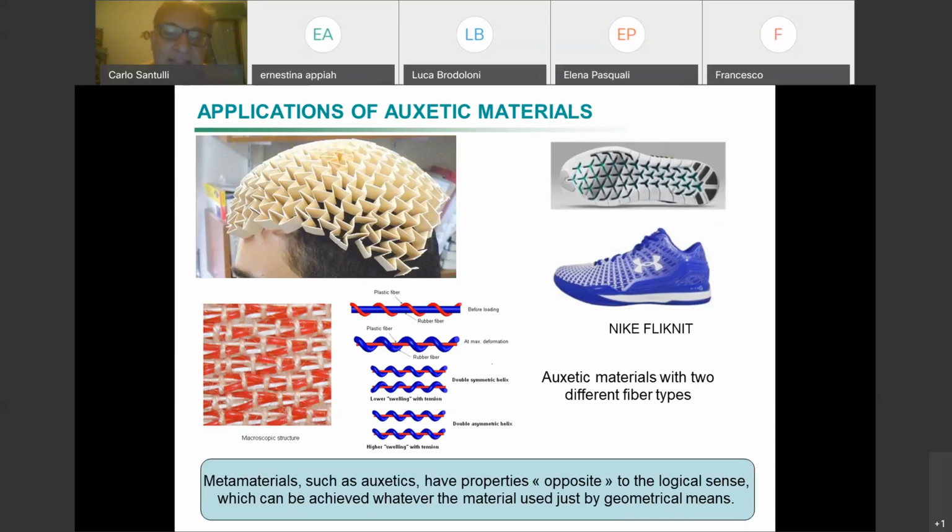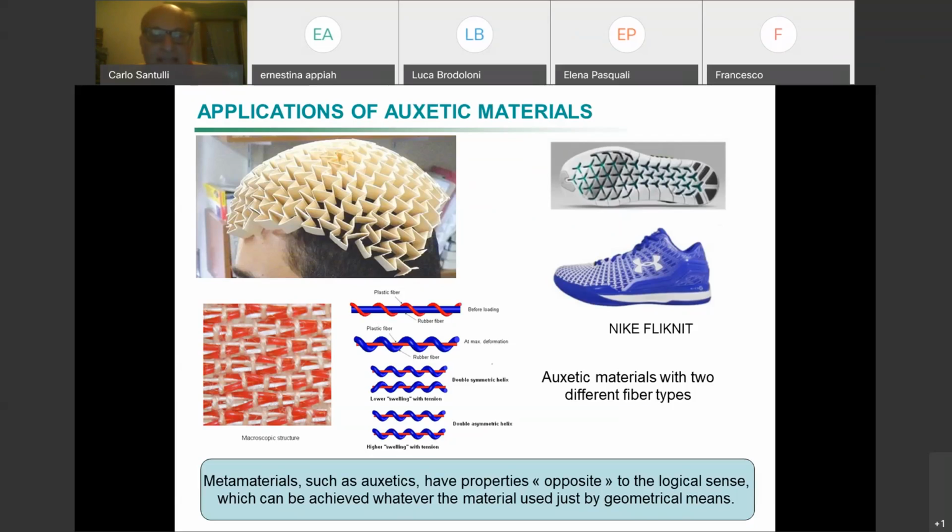You may have some kind of plastic fiber which doesn't elongate much, and a rubber fiber which elongates more. You weave that structure and you are able to obtain that kind of auxetic deformation. There has been a lot of interest from the textile industries also in terms of safety jackets, which would withstand impact, tending to inflate instead of being strongly compressed.